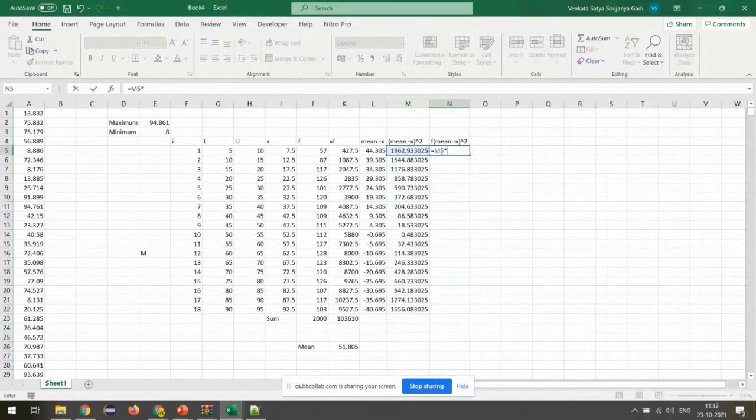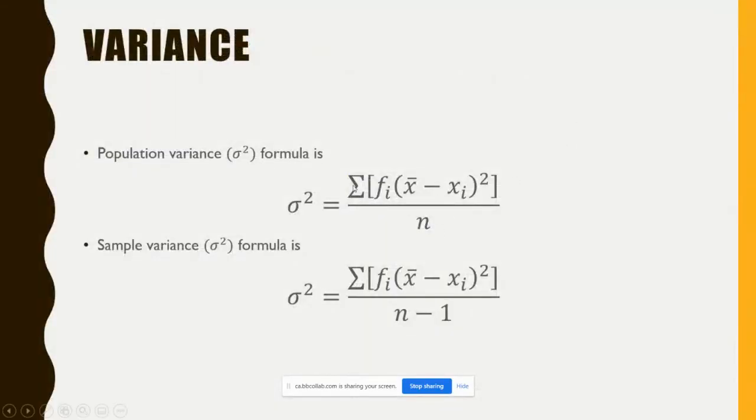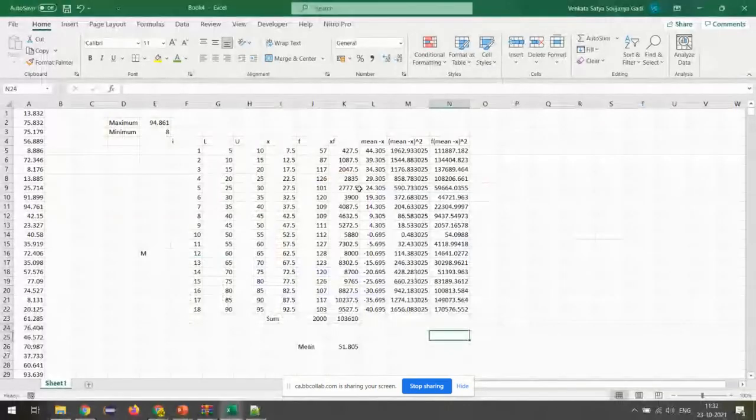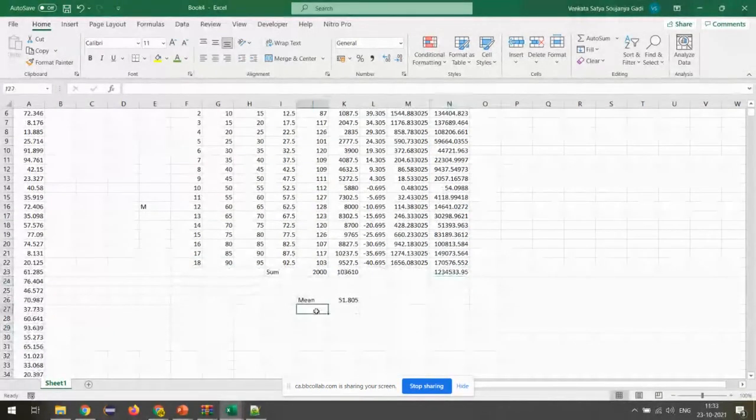We do this multiplied with the f. So we get this result. Okay. So what are we going to do? Then we have to add all of them, and that gives us the numerator. So we add all of this and we get the numerator. This is the numerator. And the variance is, so we have two variants.